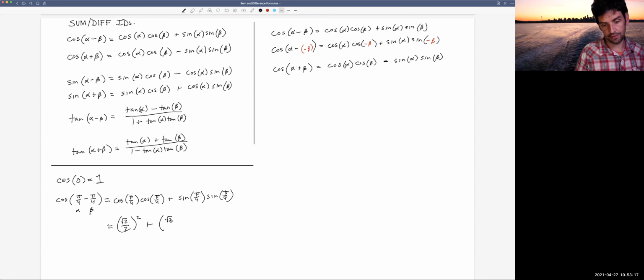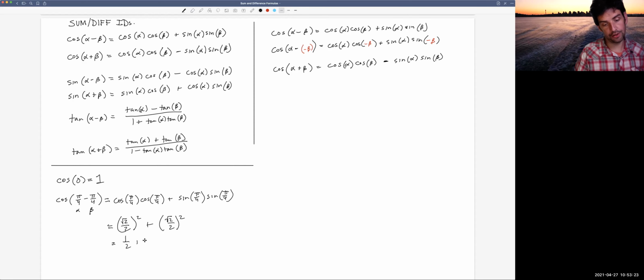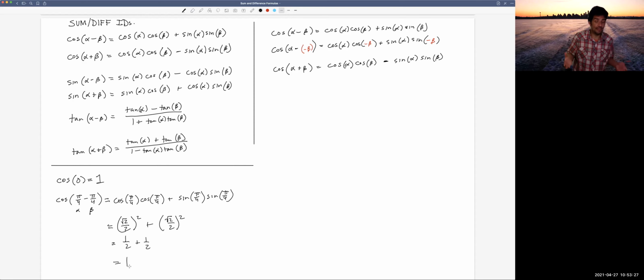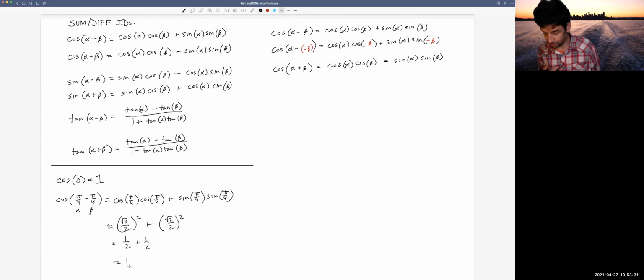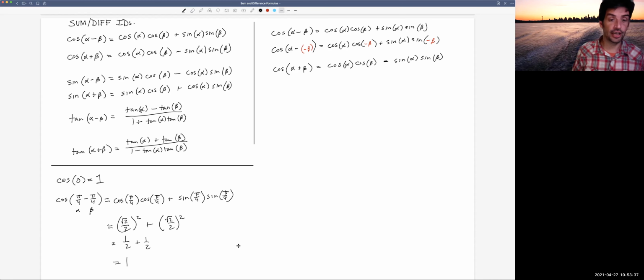The same thing for the sine. What happens when you square this? You get 2 over 4, or 1/2, plus 1/2, and the formula works out. Obviously in this case, it's not helpful. It wasn't easier to do it this way, but it's nice to see that it doesn't contradict what we already know to be true.